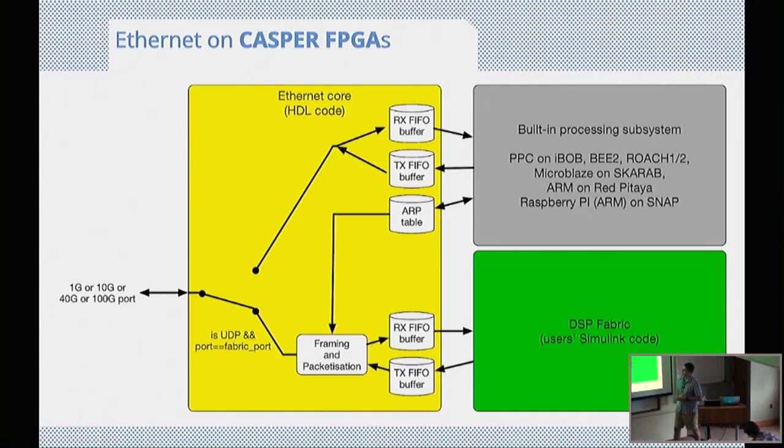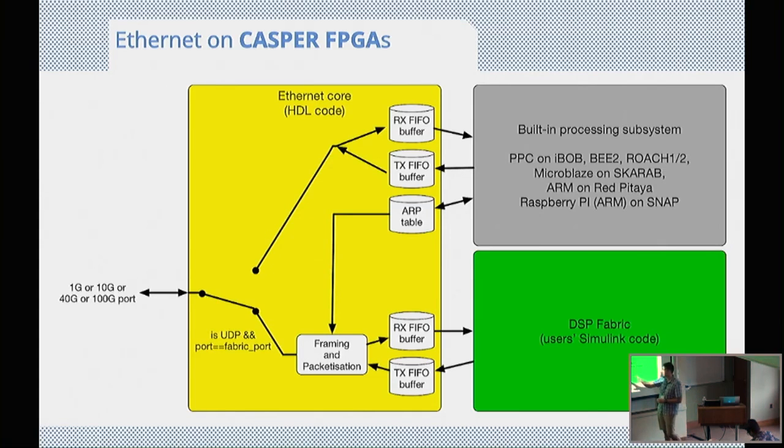The way this basically works is packets come into this core and get switched either to a MicroBlaze or some PowerPC or ARM or some processing system for processing, or they get directed to the DSP fabric for your FPGA code to process. And that decision in Casper is made based on: is the packet UDP? And if it's UDP, is the port equal to my configured fabric port?